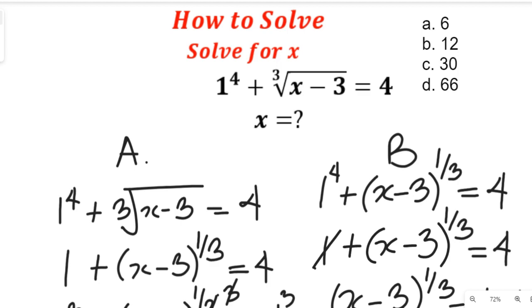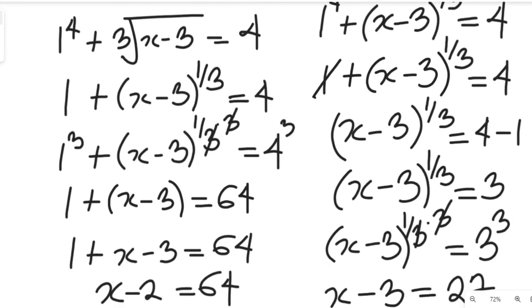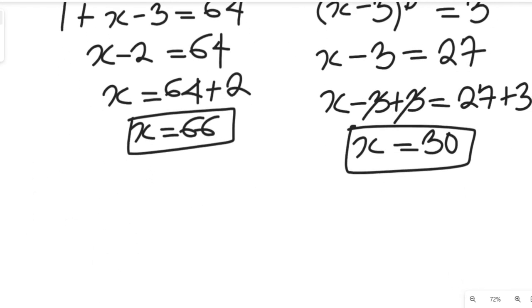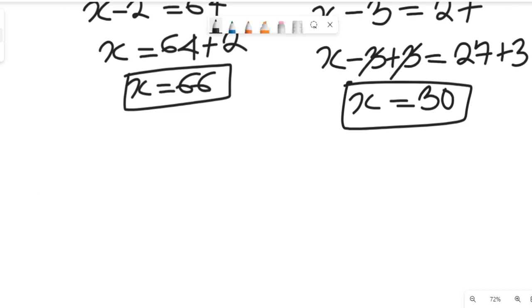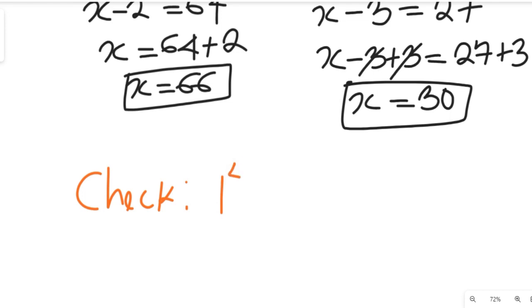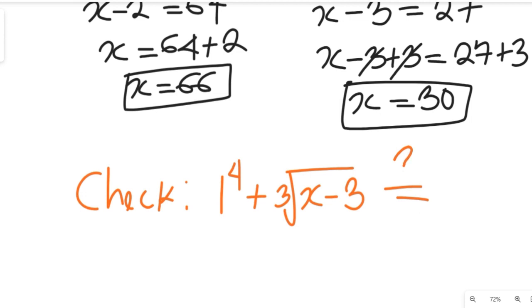By inspection, let's check the initial question that was given to us, to see which solution is right. Remember, our question is 1 to the power of 4 plus the cube root of x minus 3, and any solution must give us 4.